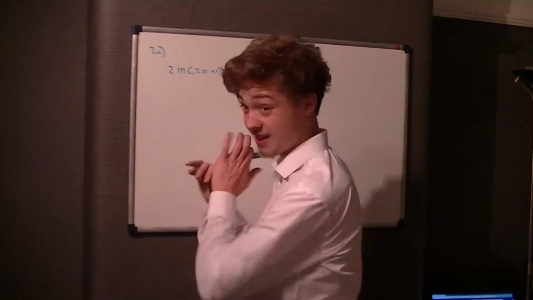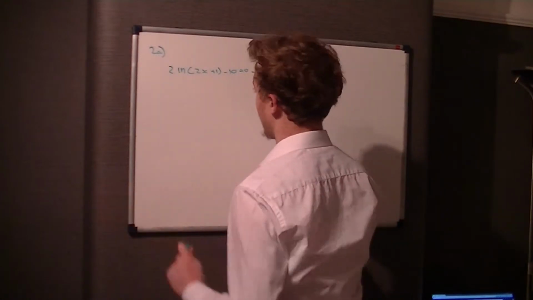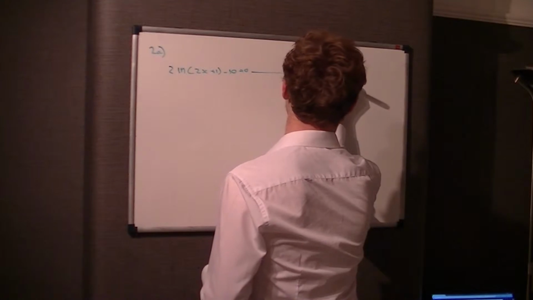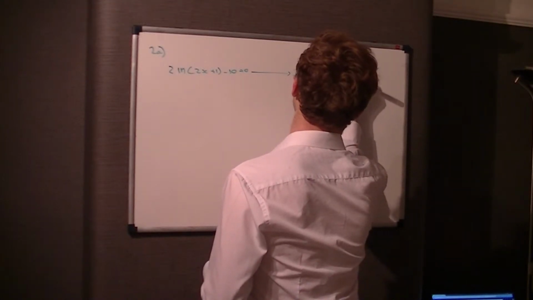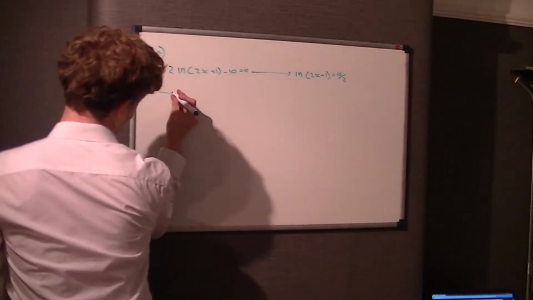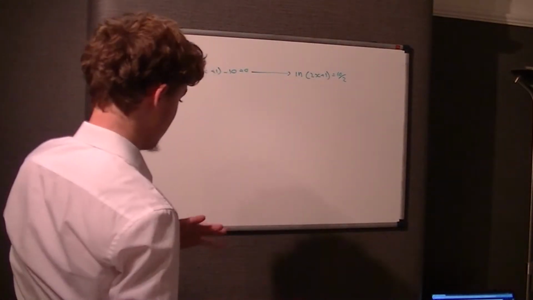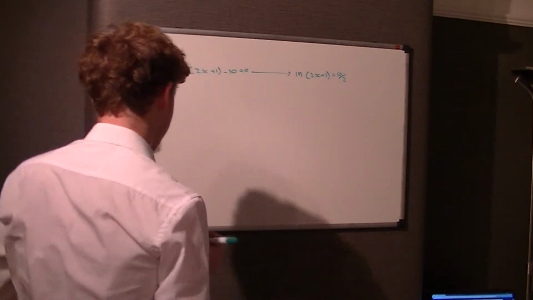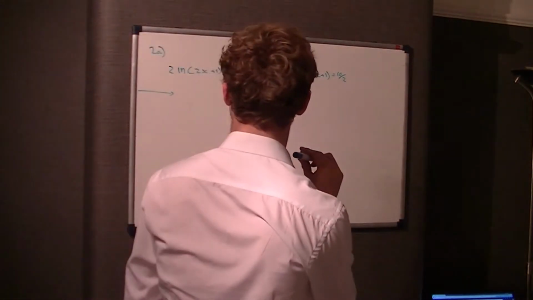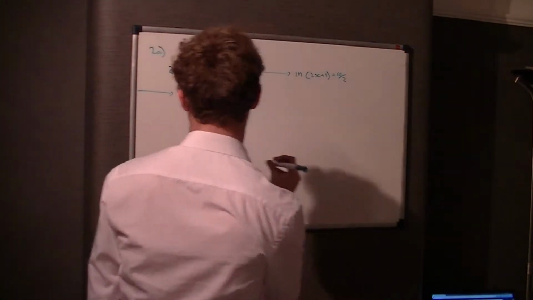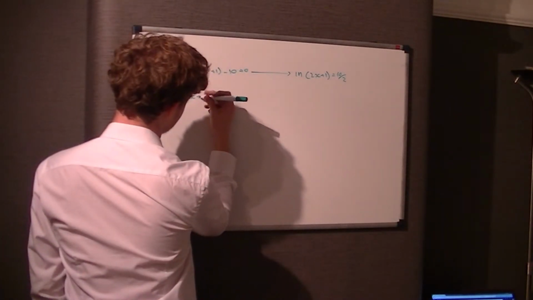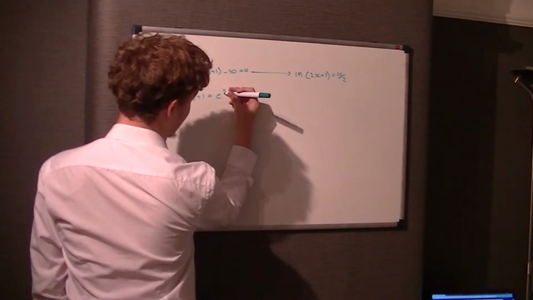So even if you didn't know what ln was, just do ln of (2x plus 1) equals 10 over 2, which is obviously 5. Now what you do is similar to inversing sine on both sides, but the inverse of ln is the exponential. So you take e to the power of both sides. e to the power of ln is just 2x plus 1, and that equals e to the power of 5.